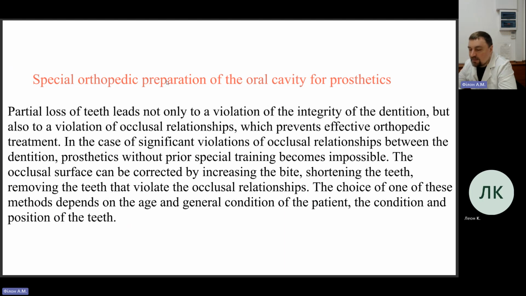The occlusal surface can be corrected by increasing the bite, shortening the teeth, removing the teeth that violate the occlusal relationships. Choice of one of these methods depends on the age and general condition of the patient, the condition and position of the teeth.